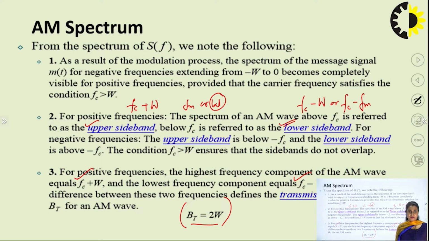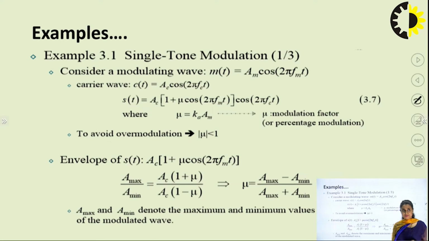So the bandwidth of AM is twice how much? If I do amplitude modulation and need to transmit it through a channel, how much bandwidth do I require? That I can calculate from the highest frequency content of my message signal. If the highest frequency content of my message signal is, let's suppose, 10 kilohertz, then the channel bandwidth I require for AM transmission will be 20 kilohertz, right?